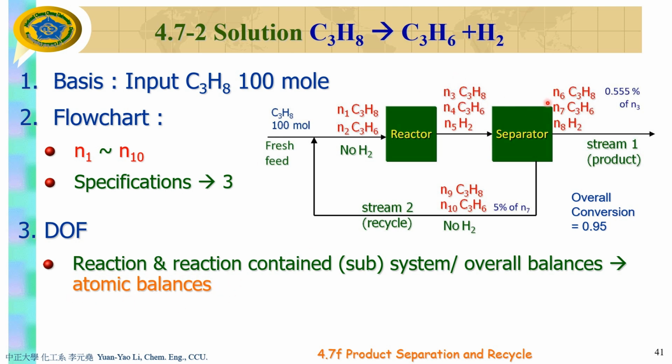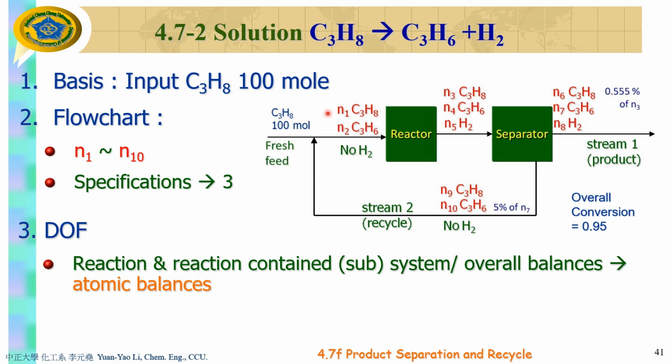If you only do a separator, this system doesn't involve any chemical reaction, so you do molecular species balance. So atomic species balance for this system, molecular species for this system, molecular species for this system.